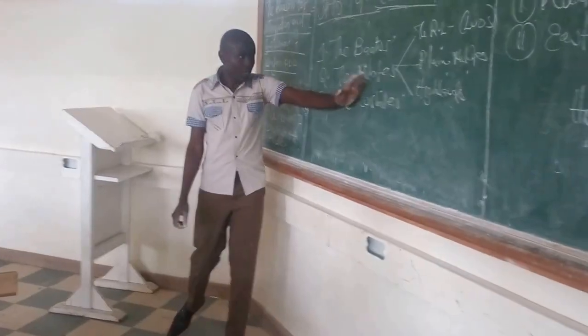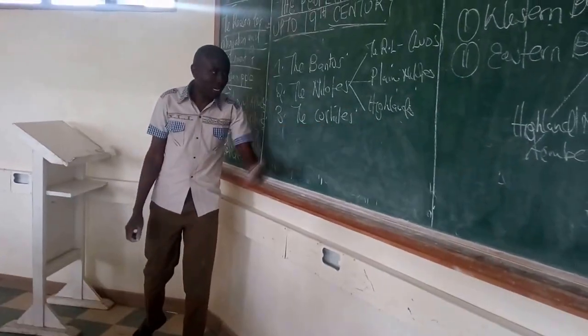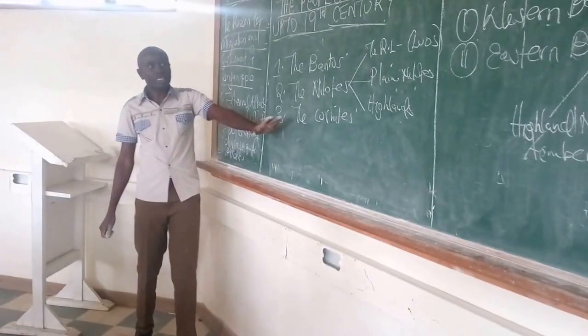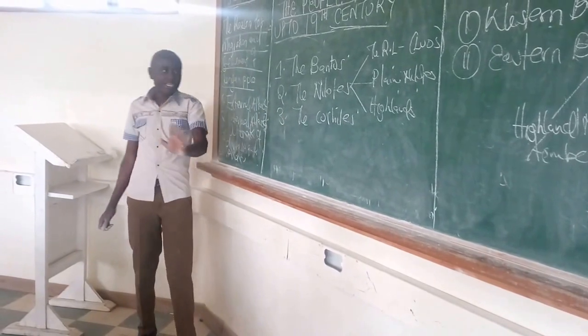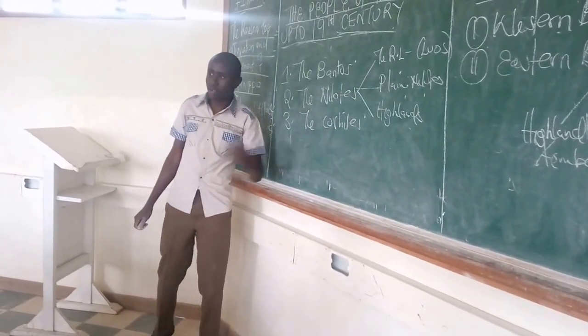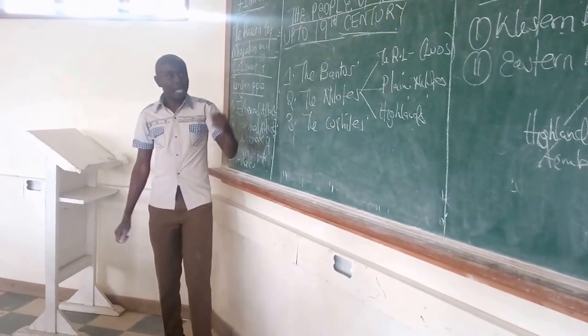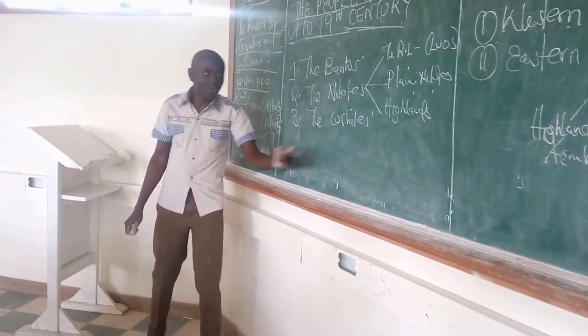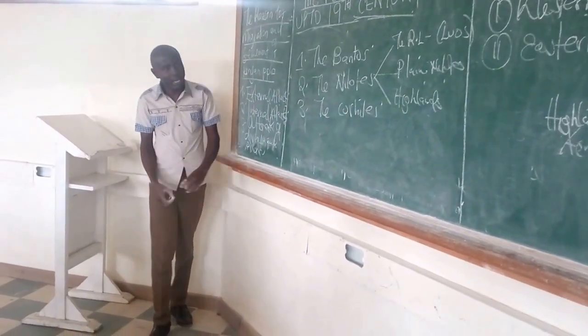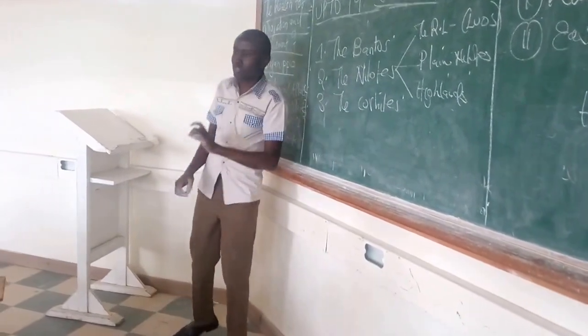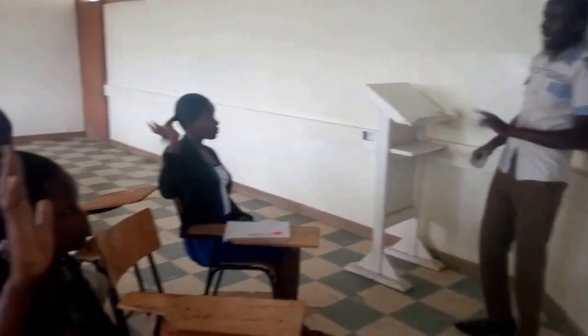And let's now go to the last one, the Kusites. The Kusites in Kenya are divided into two major groups. Now, identify these two major groups of the Kusites and give examples of each. Yes, Anne.